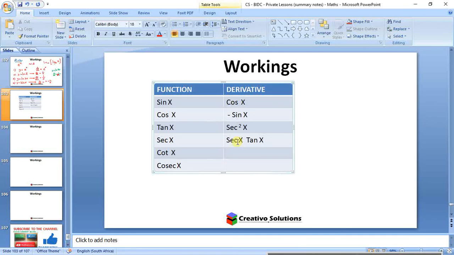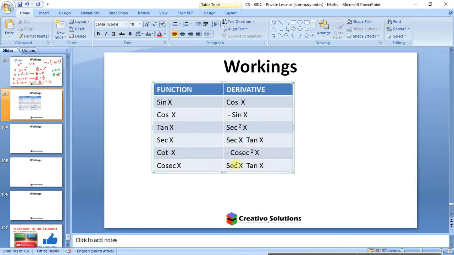And then we've got 2 more. Cot is negative cosec squared x.